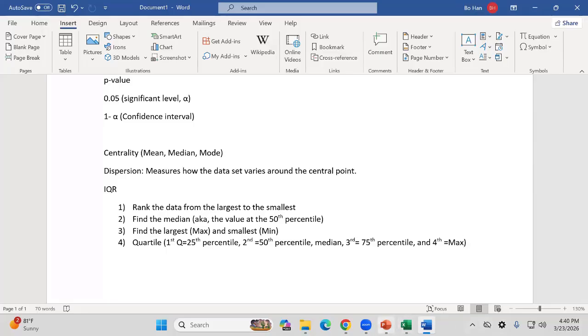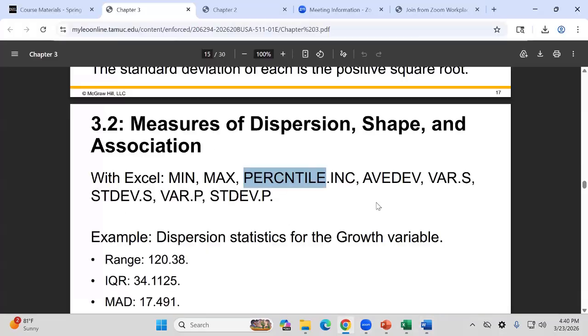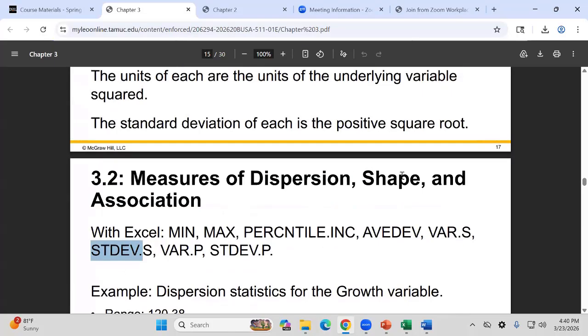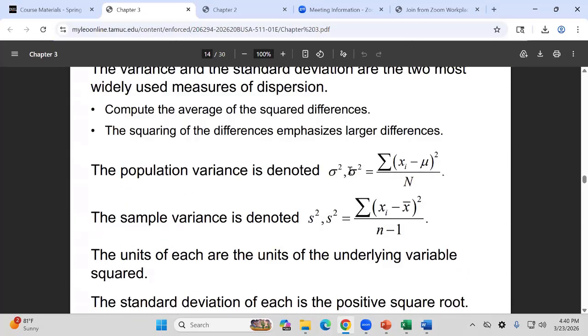So you can still use the percentile function to calculate quartile values. Standard deviation, right? Variance, right? Variance is just this value. These are the variance values. If you want to calculate standard deviation, you basically take the square root of sigma squared and s squared. That will be the standard deviation.